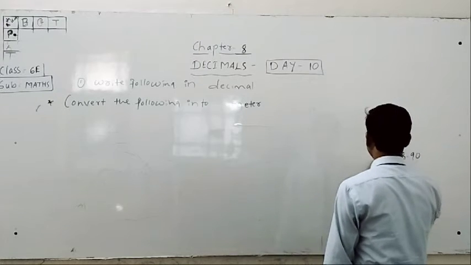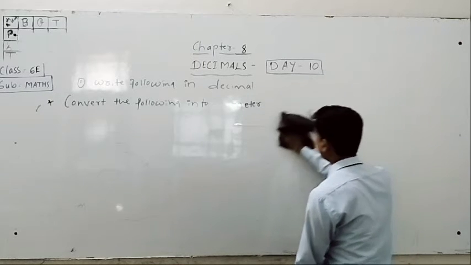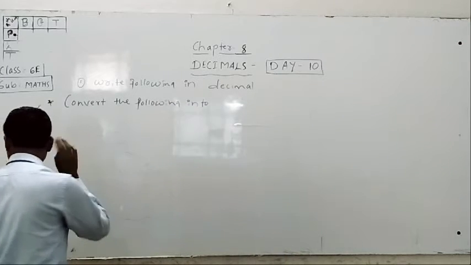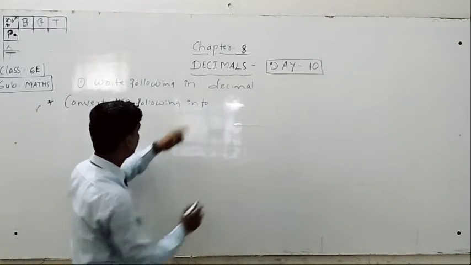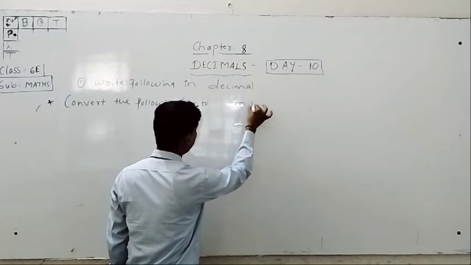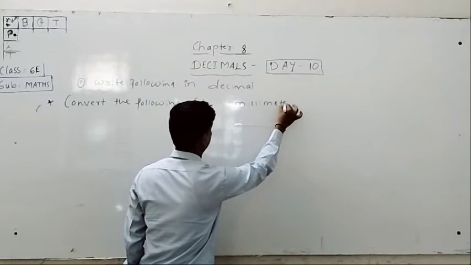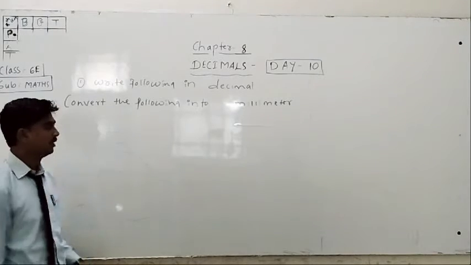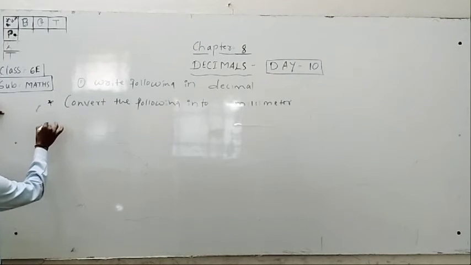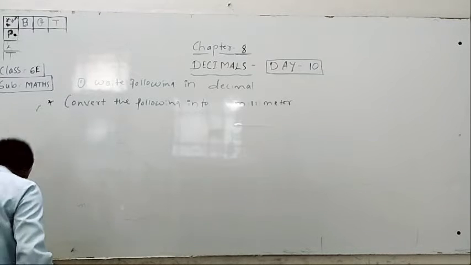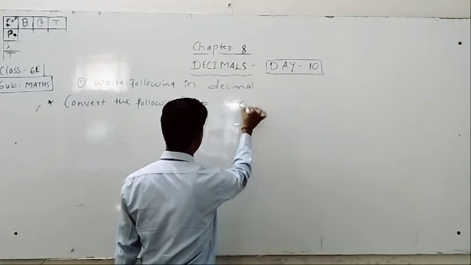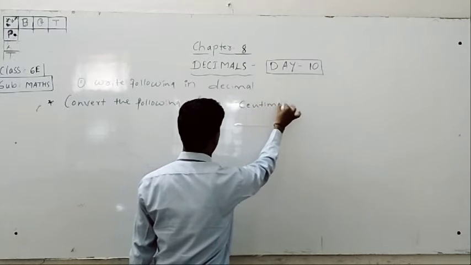I am going to announce the 8.2 exercise also, you have to solve. Convert the following into millimeter. Convert the following into, not millimeter, centimeter, because they are given in millimeter.